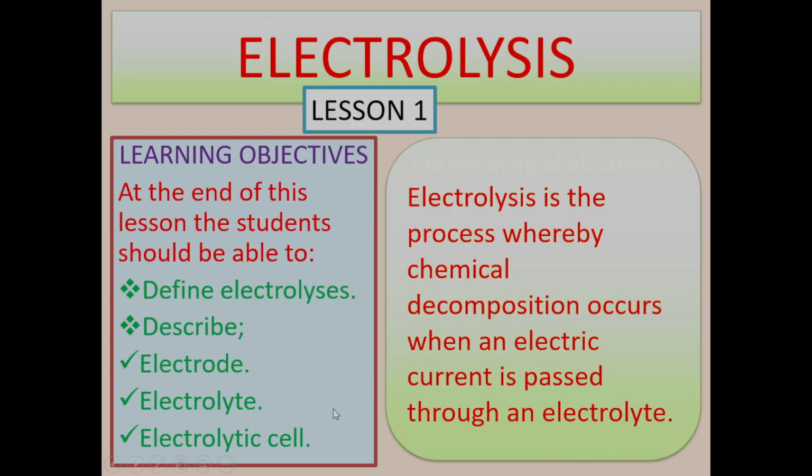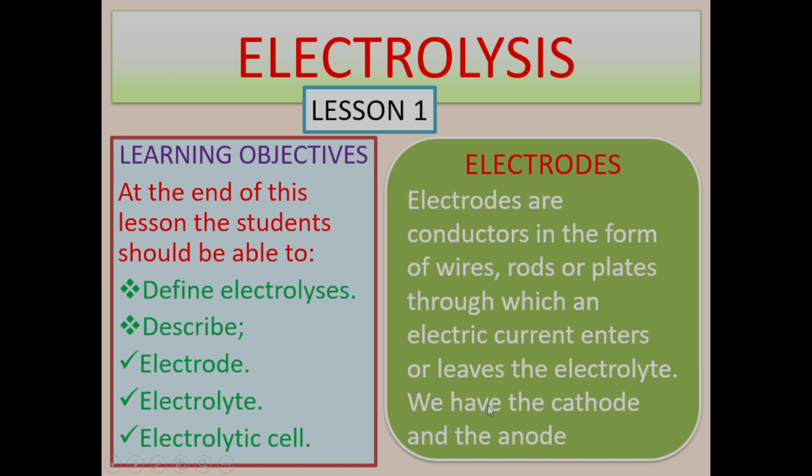Now, let's look at our second term, which is electrodes. When we talk about electrodes, an electrode can be in the form of a rod, it can also be in the form of a plate, or it can be in the form of a wire that allows current to enter or leave the electrolyte.